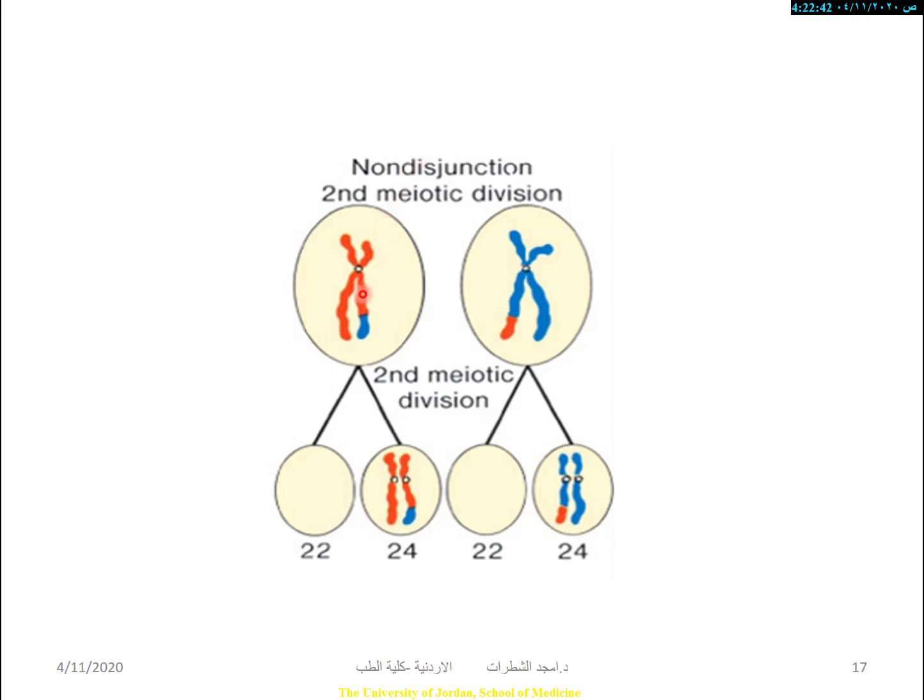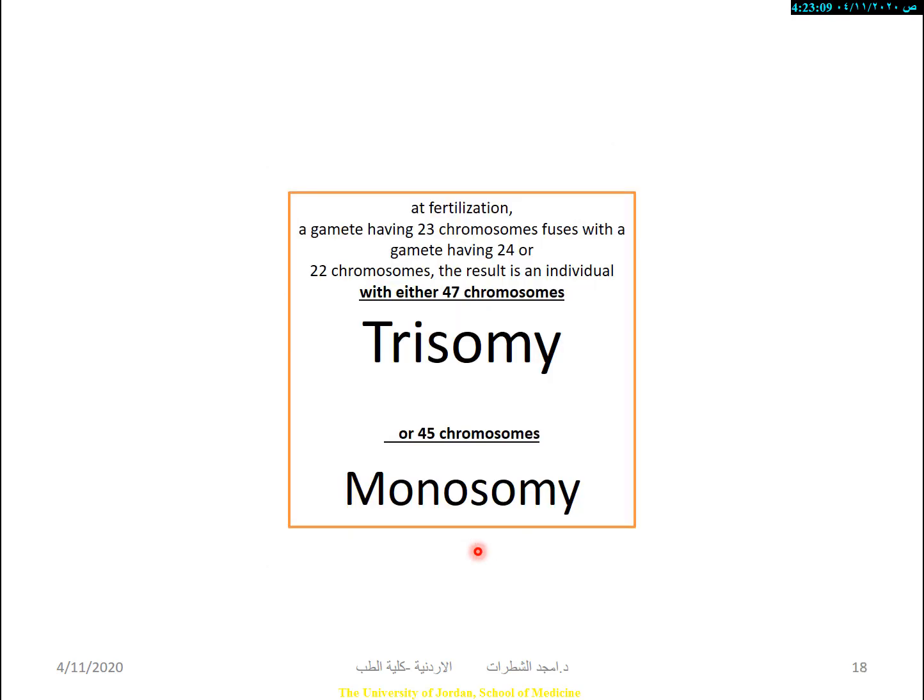This could happen easily during the second meiotic division. Here we are talking about sister chromatids. These two chromosomes should split, but they wouldn't. The two sister chromatids would go together and form 24 chromosomes, and here 22. Now that could happen in the spermatocyte in spermatogenesis, or in oogenesis.